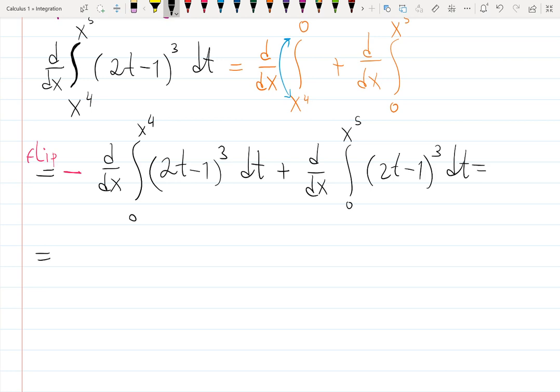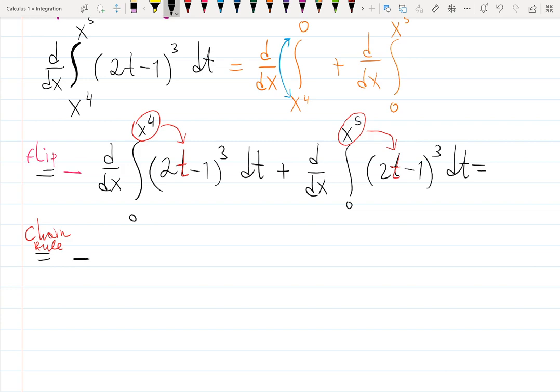And now I plug and then multiply by the derivative of these functions, x to the 4 and x to the 5, based on chain rule. So this step is chain rule. What is going to happen? I'm going to plug x to the 4 everywhere I see t, and x to the 5 everywhere I see t. And for each case, I will multiply by the derivative of the upper limit.